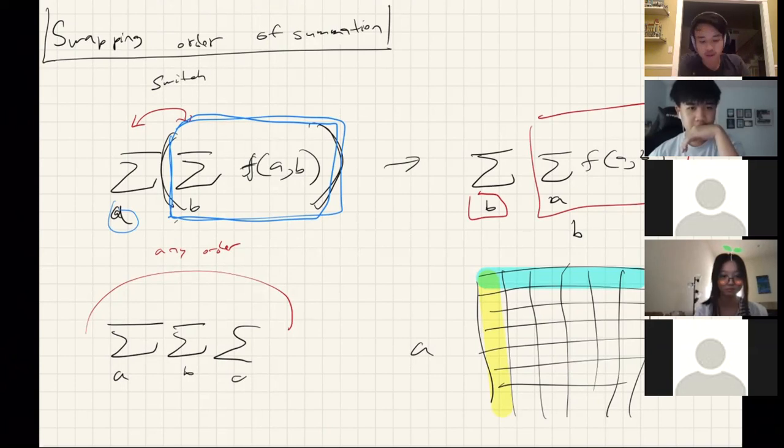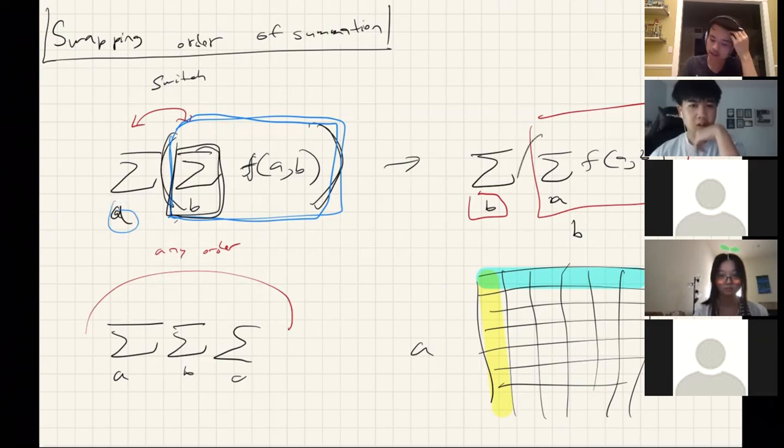So once again, first of all, you might treat a nested sum as summing up a sum in terms of b as a function of a, and you sum that function of a over all a satisfying a particular condition.